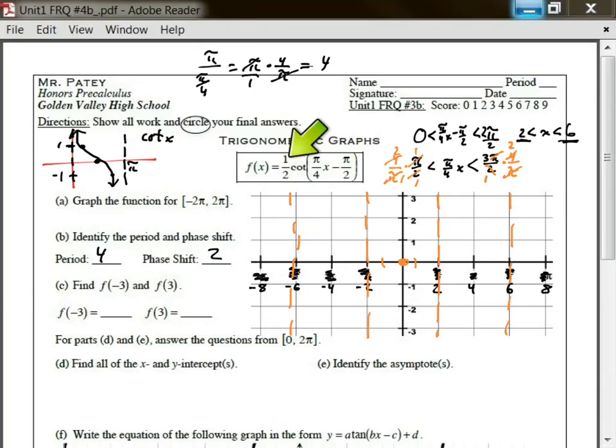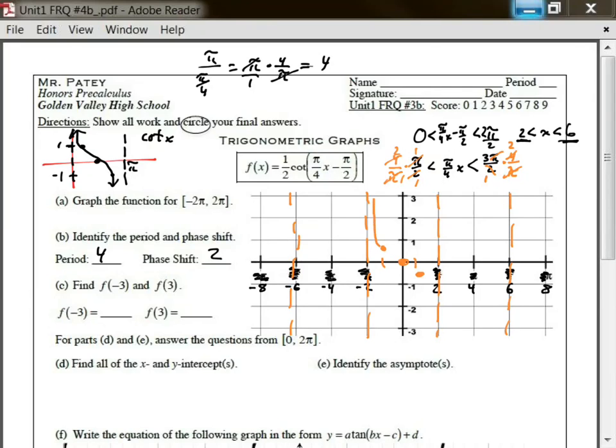This is the A. We don't call it the amplitude, except you guys want to. That's okay, because that's the same for sine and cosine. The cotangent doesn't really have an amplitude, but it does the same thing. It's going to change this from a 1 to a 1/2. And so we would put a point right there and right there at positive 1/2 and negative 1/2.